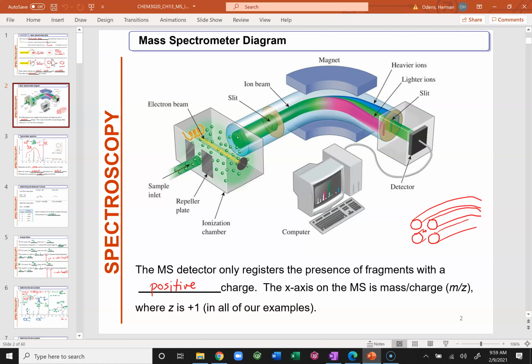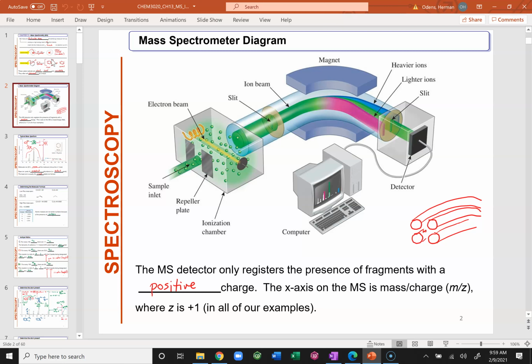And then at this point here, you have fragments, you have molecular ions. All those ions are moving around here, and this curvature with the magnet helps separate those fragments into the final detector.